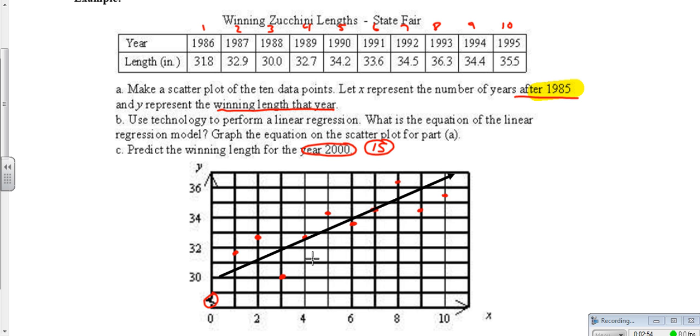This is an important part of the process, because some would say, I think the line looks more like this, and some would say, no, I think it's more like this. Because we have all these different opinions, there's a method called the least squares method that looks at the difference between the line and the actual data point.